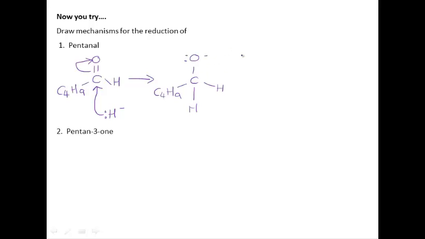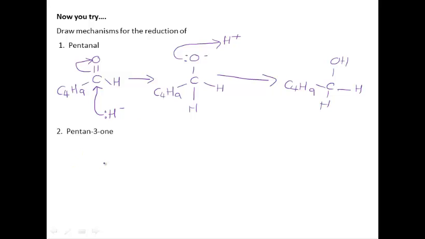And then we're going to pick up H+ from the solvent. Okay, so leading us to our pentan-1-ol.